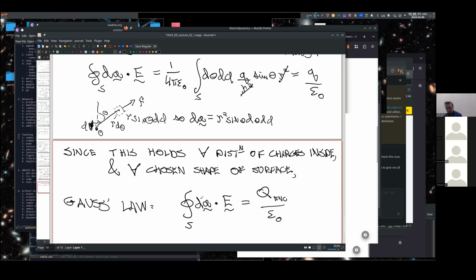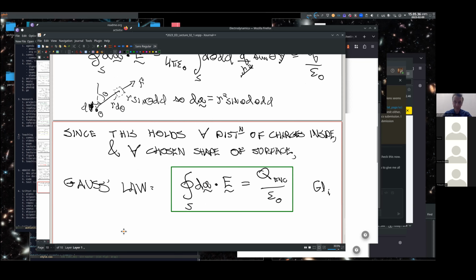Okay? And this equation is labeled GL, Gauss law, and then sub I for integral form. Okay, and again, this one deserves multiple green rectangles. This is the most green rectangular equation you will meet in a long time.